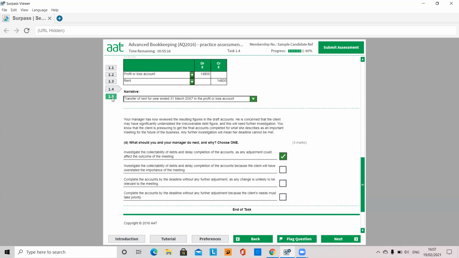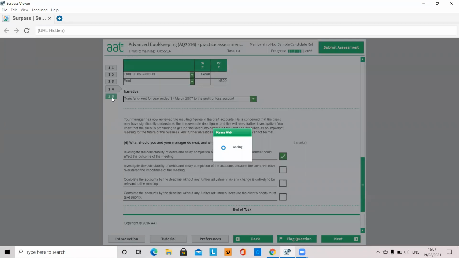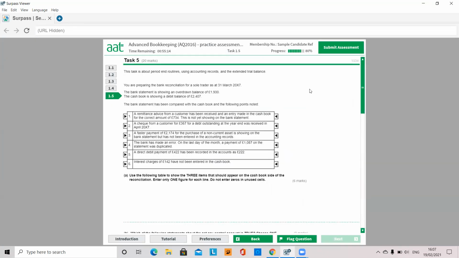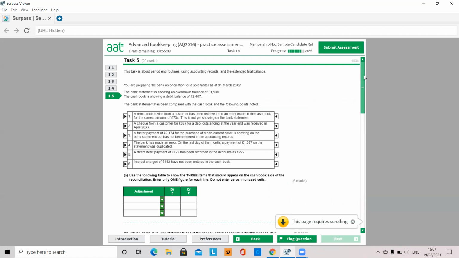And then the final one is 1.5. And this one, the task is about period end routines, using accounting records and the extended trial balance.